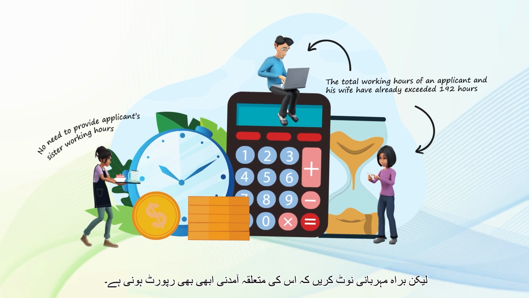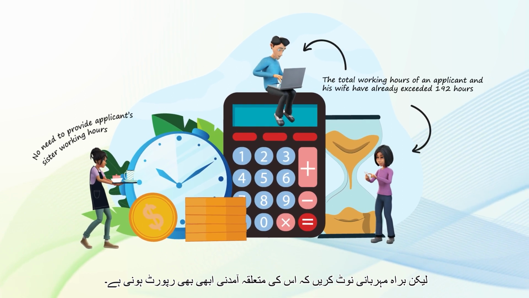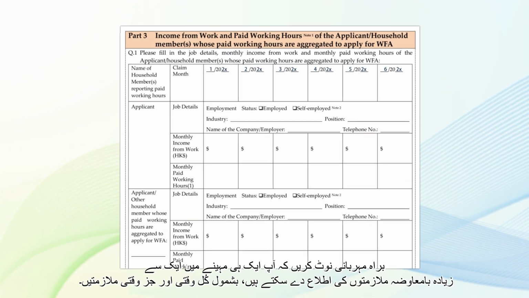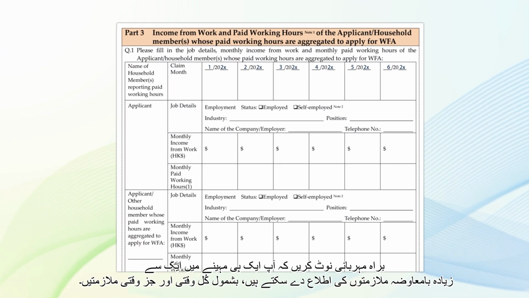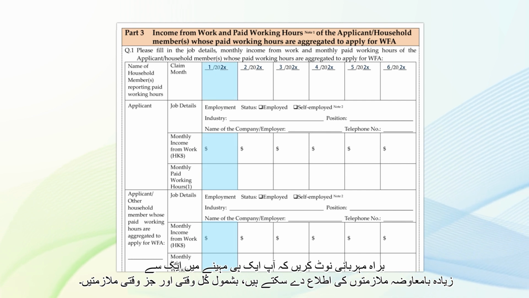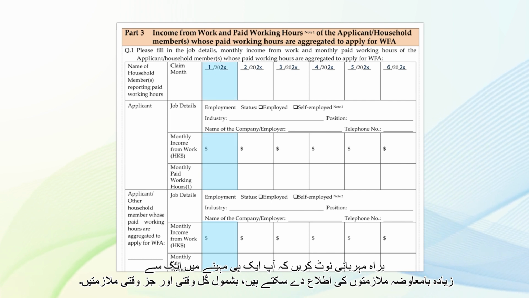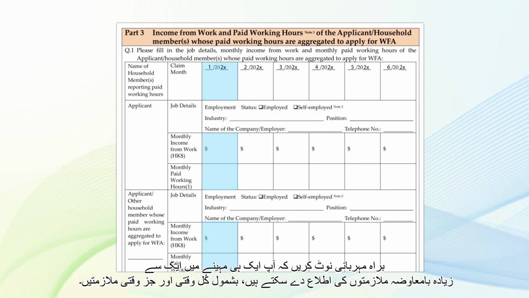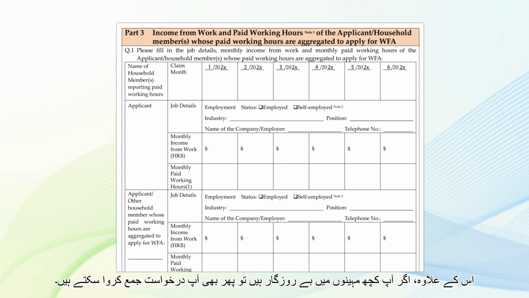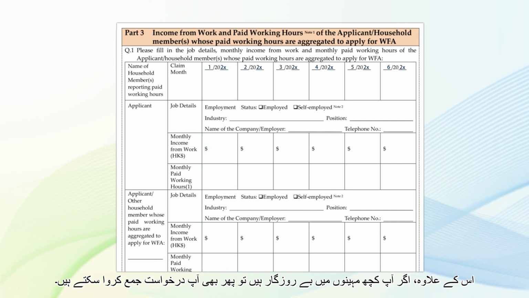But please note that her relevant income still has to be reported. Please note that you may report more than one paid job in the same month, including full-time and part-time jobs. In addition, if you are unemployed in some months, you may still submit an application.